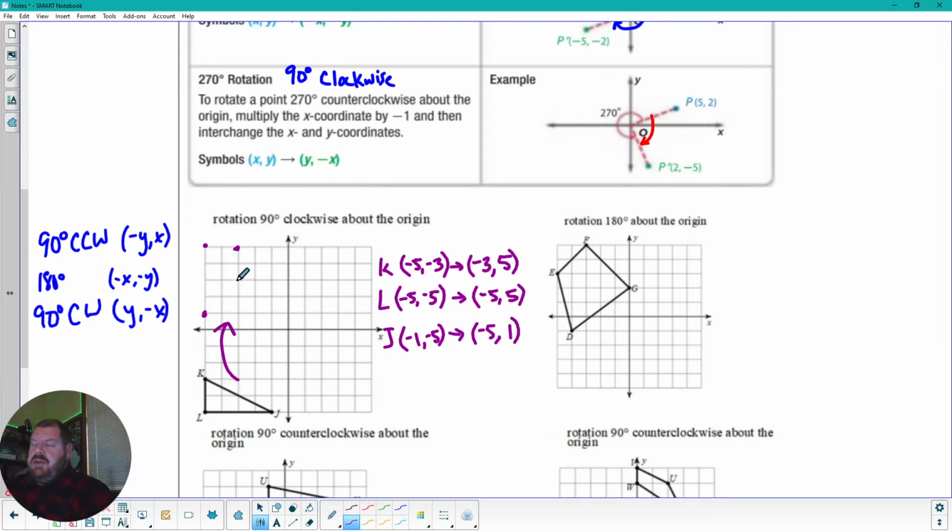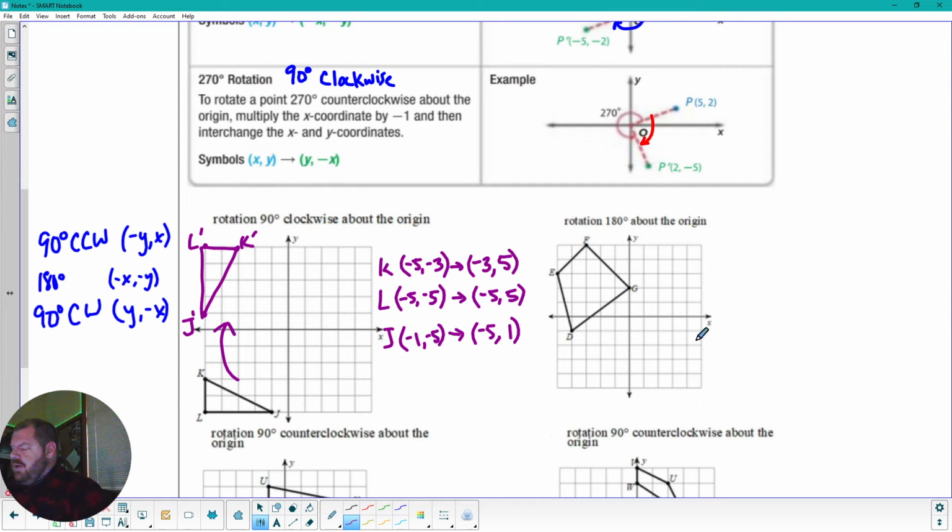A lot of times when I'm doing this, I will go ahead and get all the points out there, even graph, connect all the lines, and then I'll figure out where I can write the labels so they're out of the way. So this one down here was J prime, this one was L prime, and this one was K prime. And yeah, that looks like a 90-degree rotation in the clockwise direction.